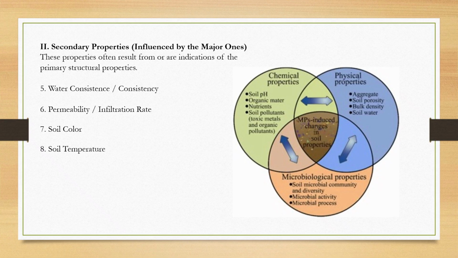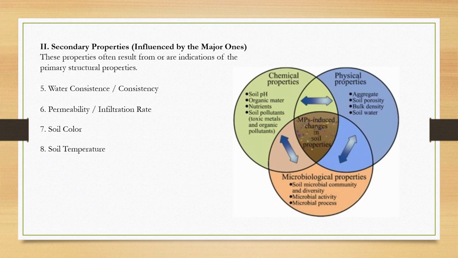The third group is microbiological properties. These relate to the living organisms within the soil and their functions. The first one is soil microbial community and diversity, which means the different types and abundance of bacteria, fungi, and other microorganisms existing in the soil. The second one is microbial activity.